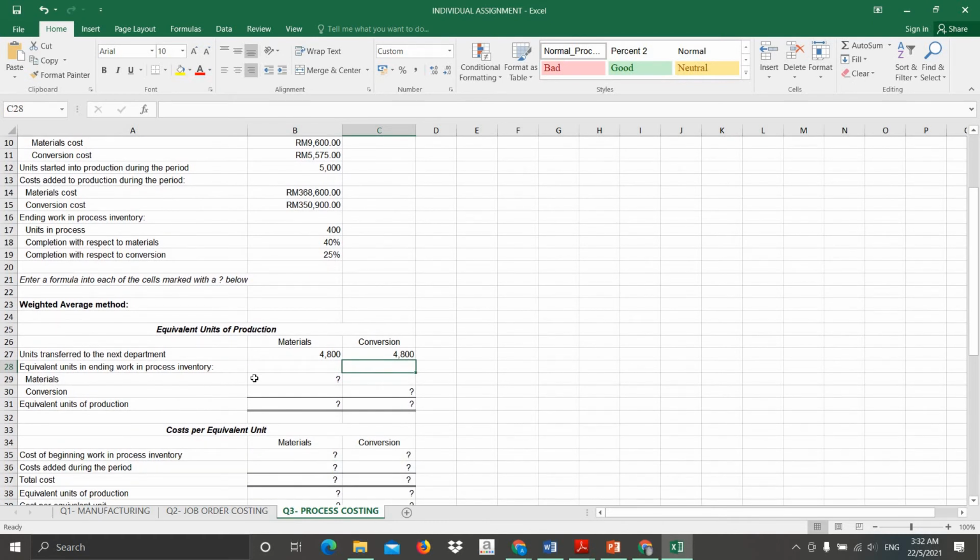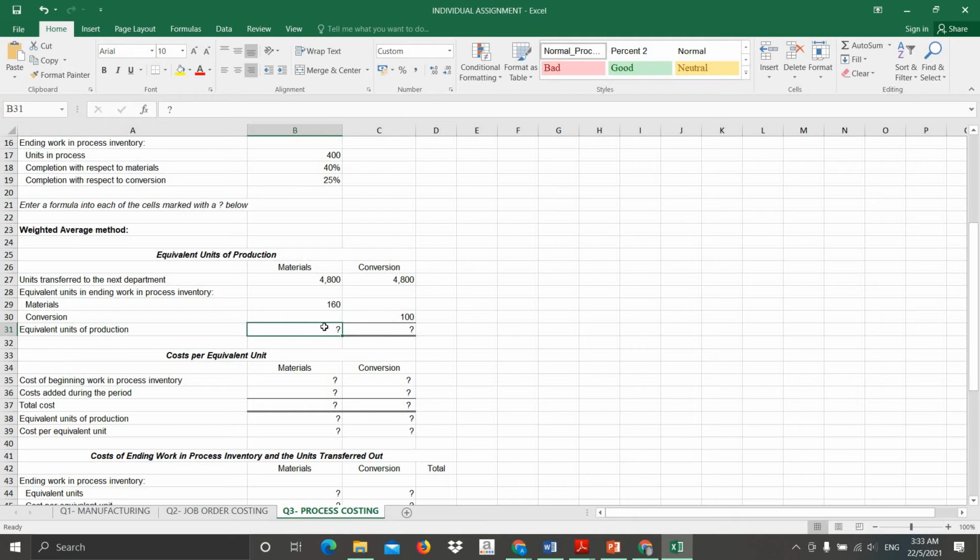So for these materials, we need 2 times 400 and 40% for the materials, while for the conversion we need 2 times 400 and 25%.